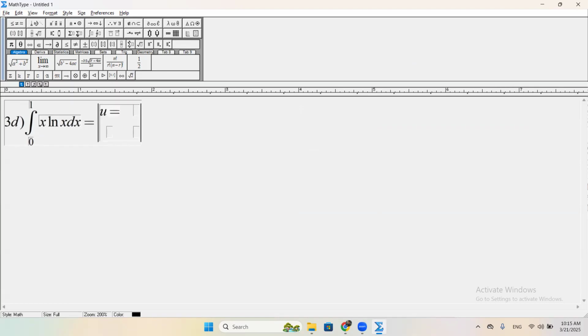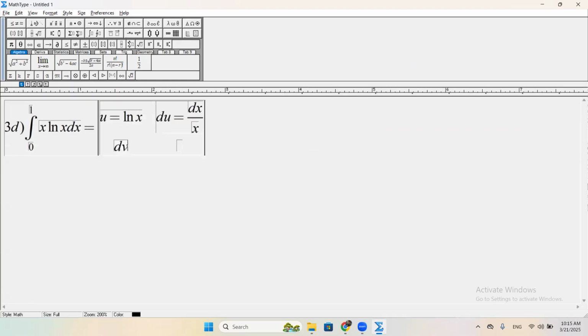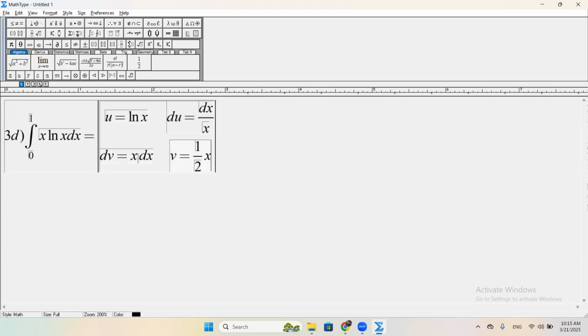So u equals logarithm of x, du equals dx over x, dv equals x dx, and v equals 1 over 2 x square.